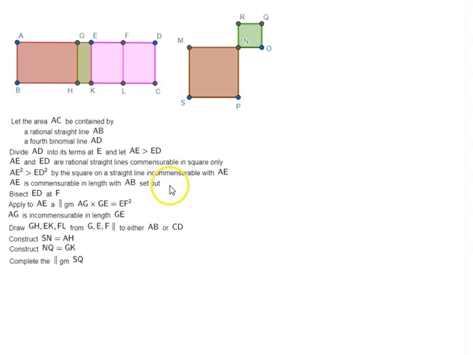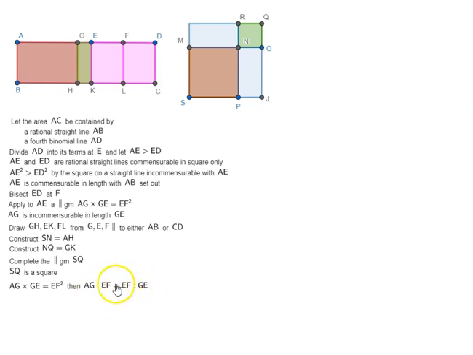Now we complete the parallelogram SQ. We complete this rectangle and this rectangle. So let's do that. We have seen a lemma where we have proved that SQ will also be a square. AG by GE is equal to EF square. Then AG is to EF as EF is to GE.